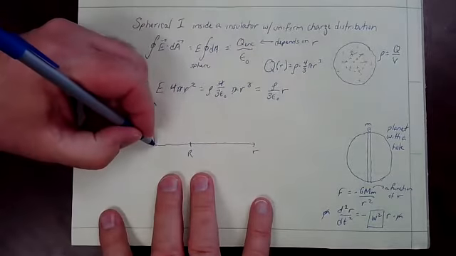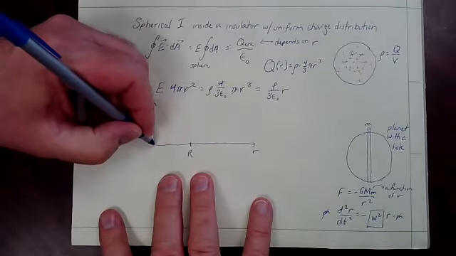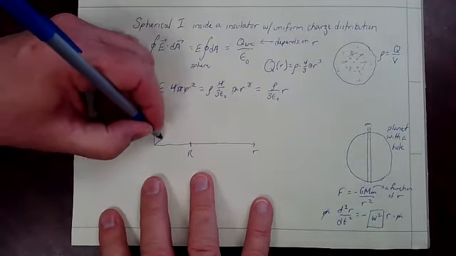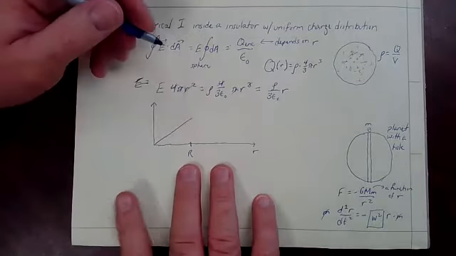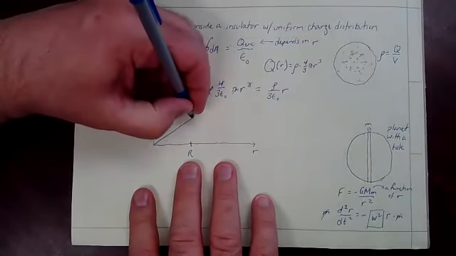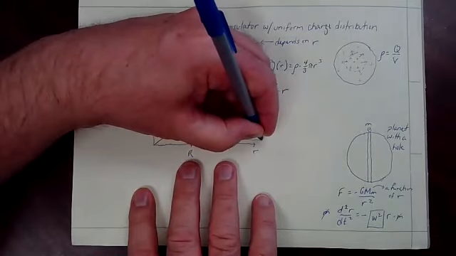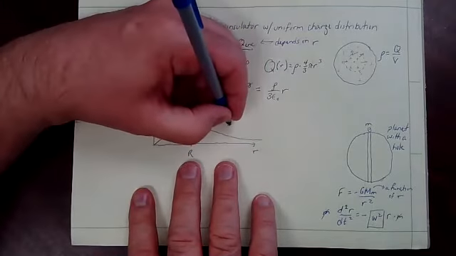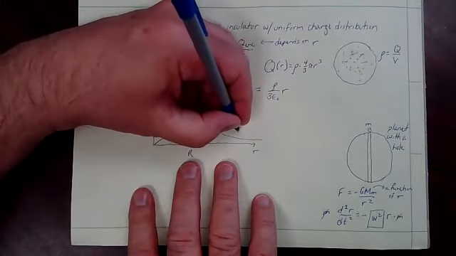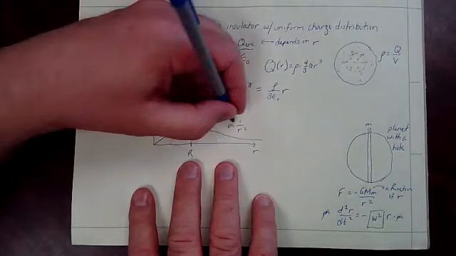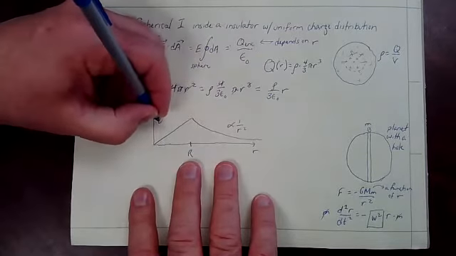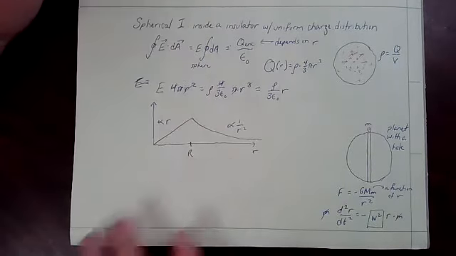The electric field at the center is 0, and then it grows in a linear way till we get to the surface. And then outside the surface, it falls away like it was a point charge. So outside it's proportional to 1/r squared, and inside it's proportional to r. It's a linear function.